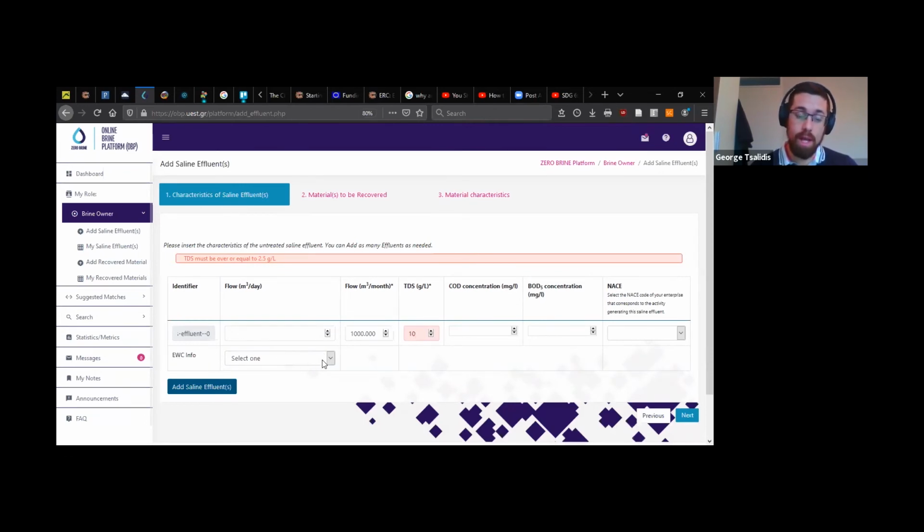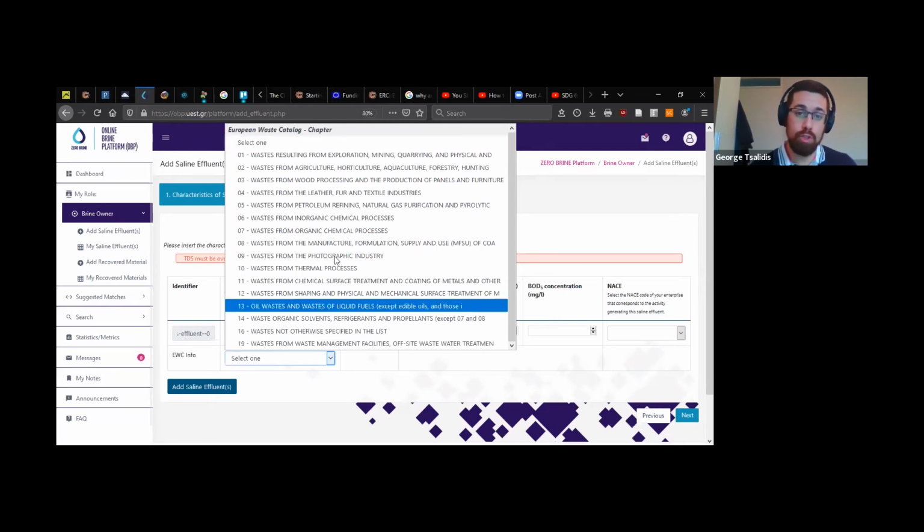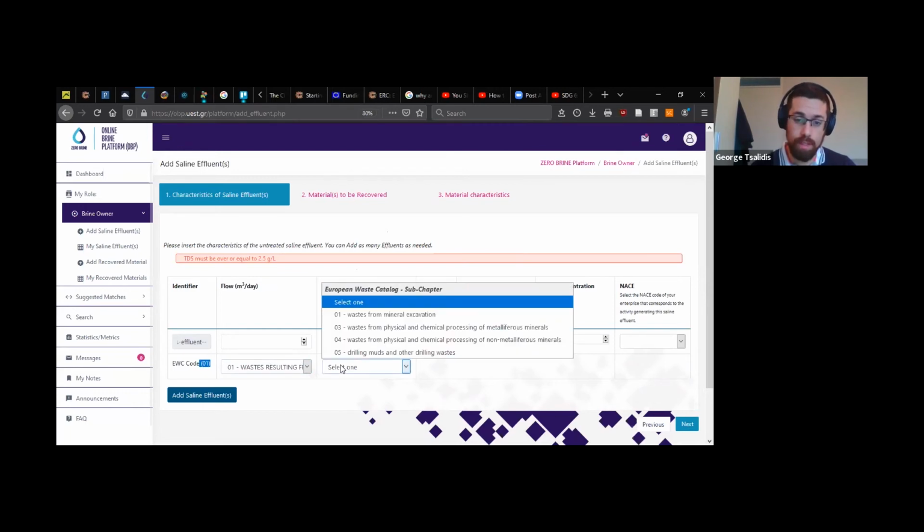And then I can also add information about what kind of activity, what kind of company, what kind of waste I produce. Let's say that I am part of a company that is extracting coal. So then it would be 01, and you can see that the coding was added here. And then I can make it even more specific.